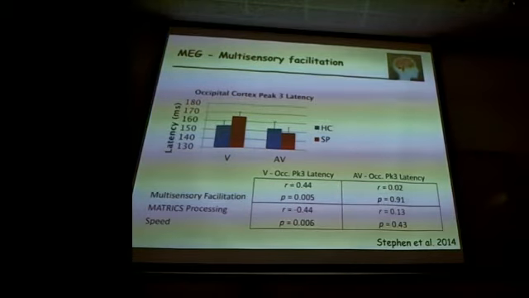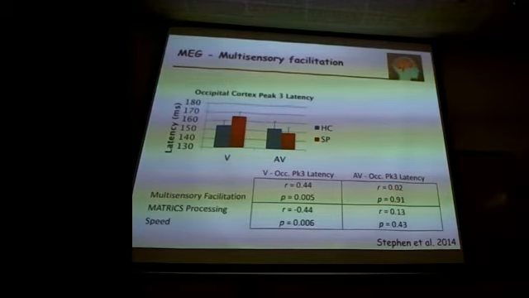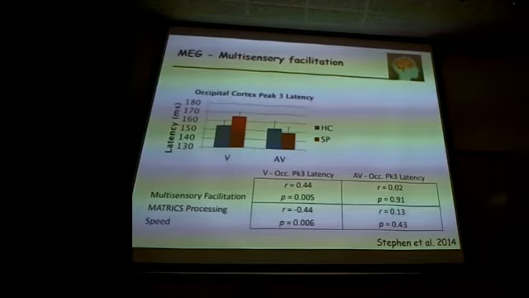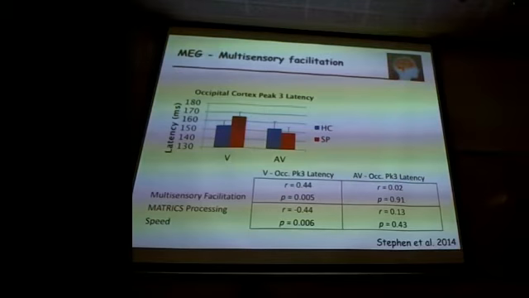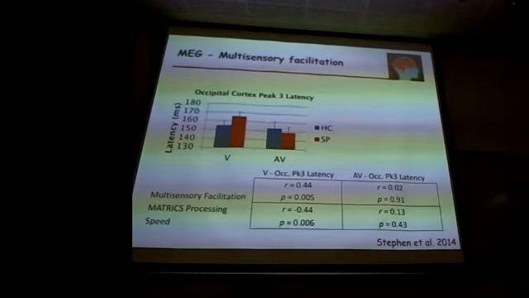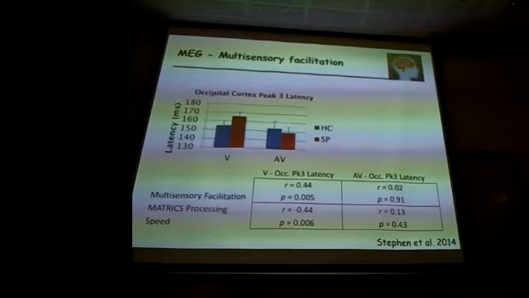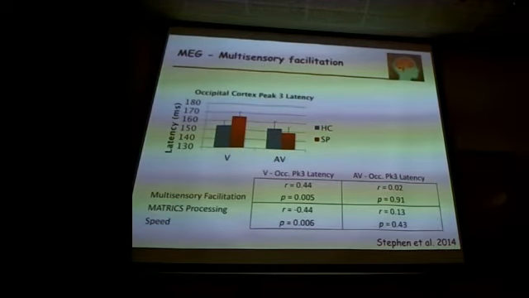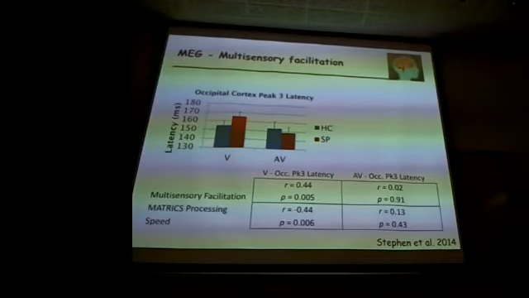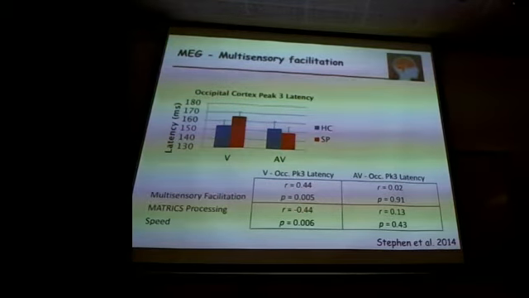So this is behavioral facilitation. There's a correlation between the amount of facilitation that you see behaviorally and their peak 3 latency. So if you have a slower visual latency, then you actually benefit more behaviorally from having the multisensory stimuli.